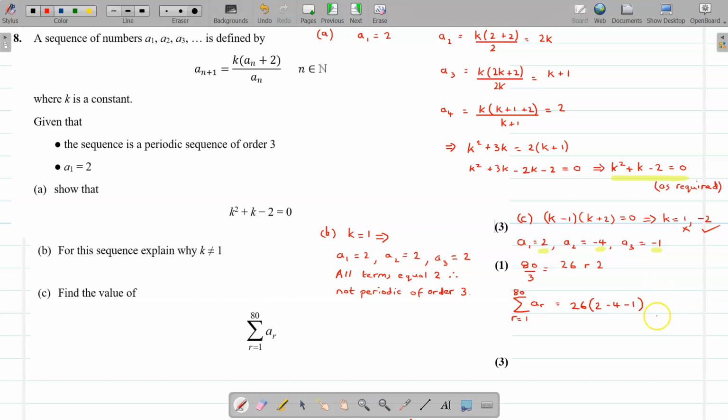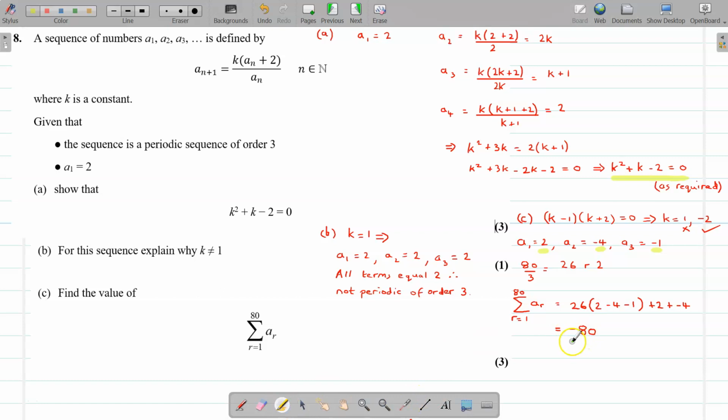That will take us up to the 78th term. The 79th term is going to be 2, and the 80th term is going to be minus 4, you see? And if you work all of that out, you get minus 80.